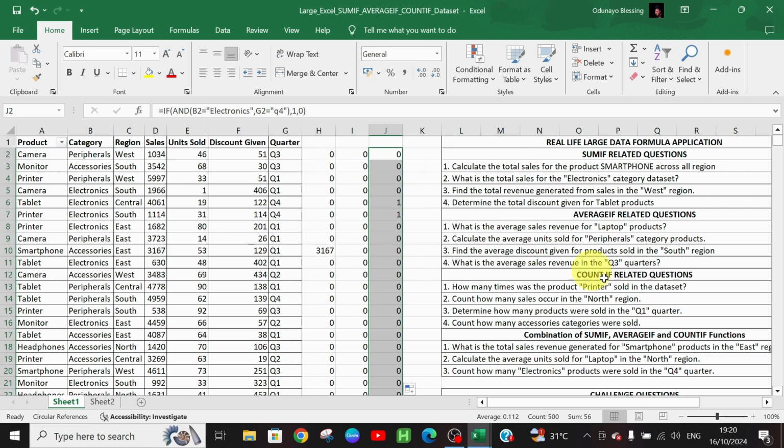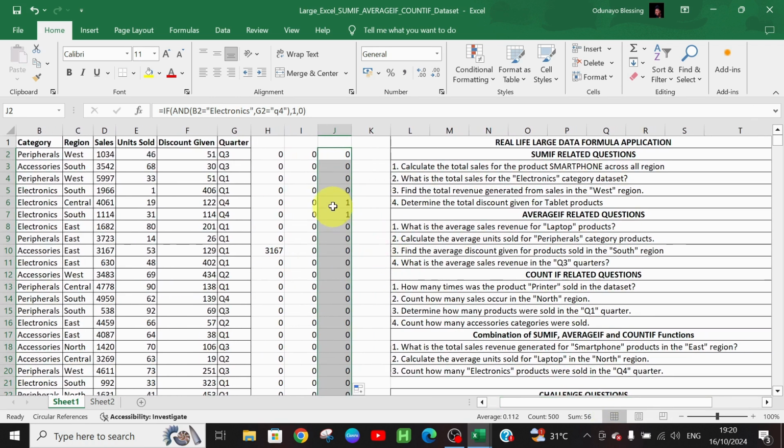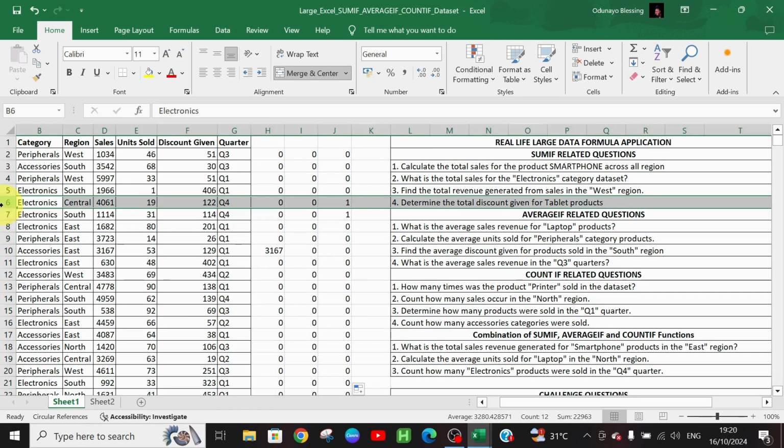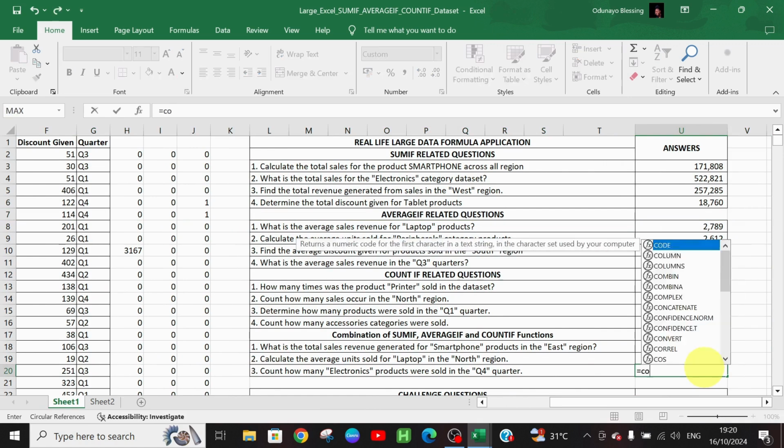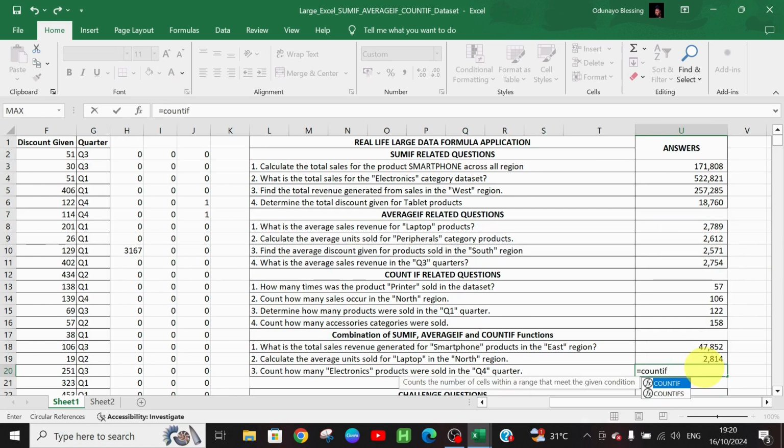By the time you double click this, you have your value. You can see 1 here because it's electronics and quarter 4. So by the time you go to the formula, we have the equality sign, COUNTIF. Then you open the bracket, J2 to J501.